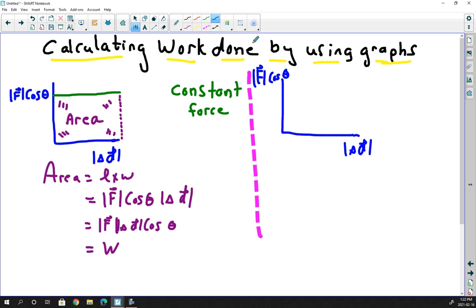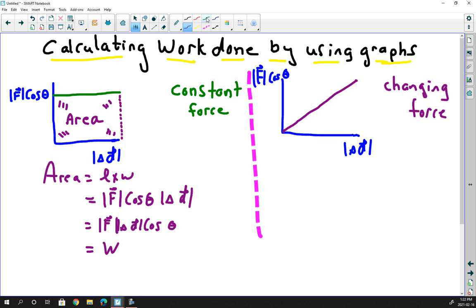But let's say as you push the object, the force increases, right? You don't usually do a lot of this in our level of physics. This is a changing force. So as the object experiences displacement, the force on it gets bigger and bigger and bigger.